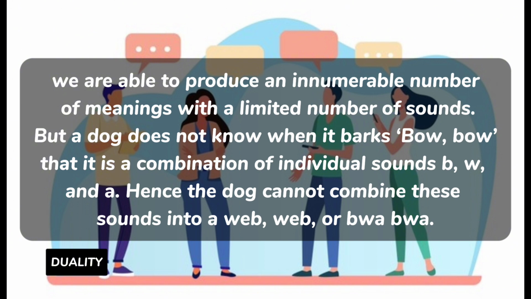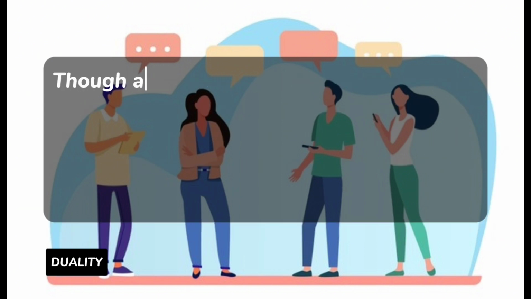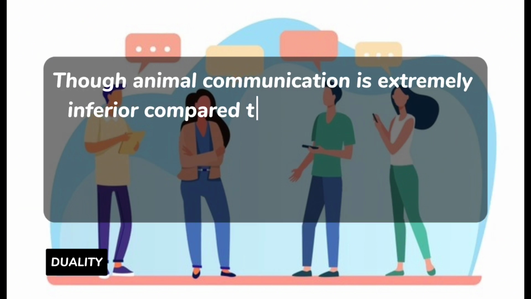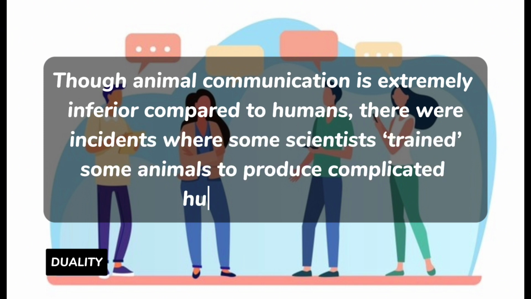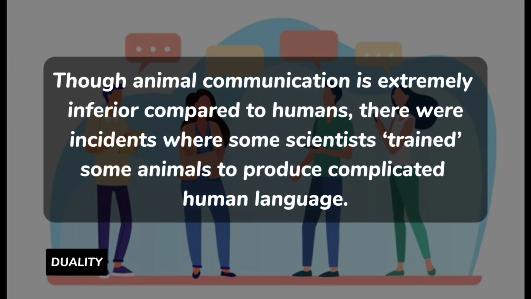Hence, the dog cannot combine these sounds into new words. Animal communication is extremely inferior compared to humans. There are incidents when some scientists trained some animals to produce complicated human language.